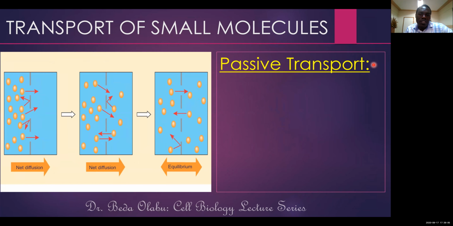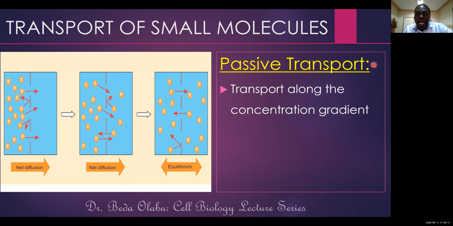What do we call passive transport? Passive transport is transport of small molecules along their concentration gradients. This is to mean that the molecule is moving from a region where it has a higher concentration to a region where it has a lower concentration. So it will be moving along its concentration gradient.